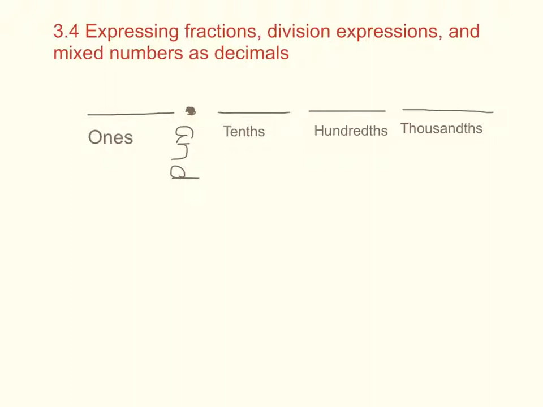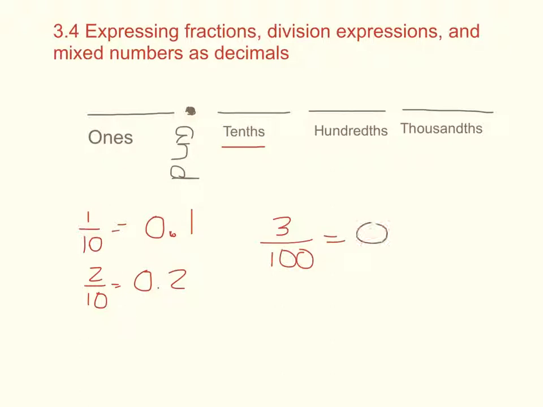For example, if we had the fraction 1/10, I can write it as tenths because tenths is one of our decimal places. It would be no ones and 1/10. If I had 2/10, it would be no ones and 2/10. If I had 3/100, it would be no ones, no tenths, and 3/100.